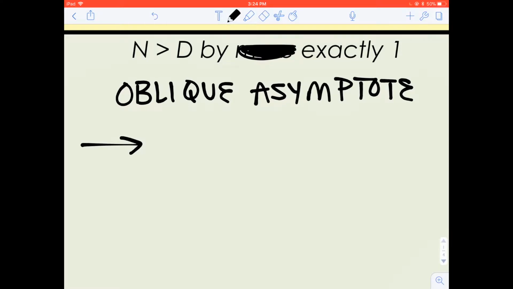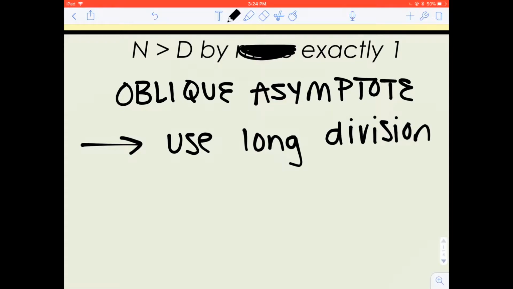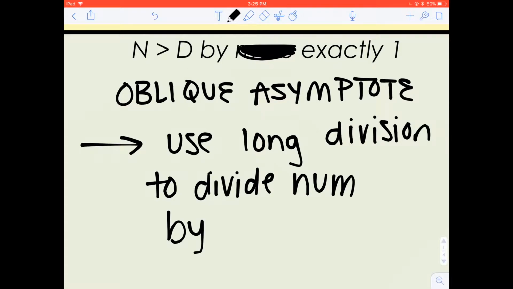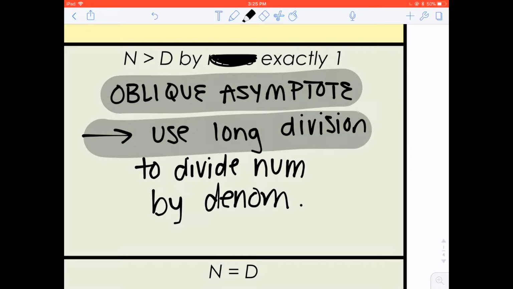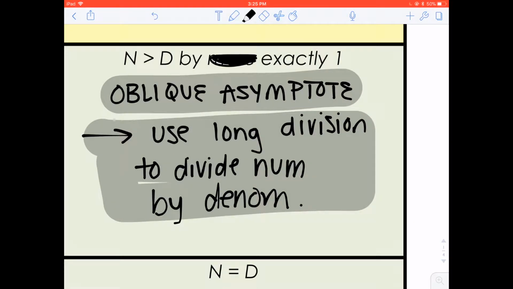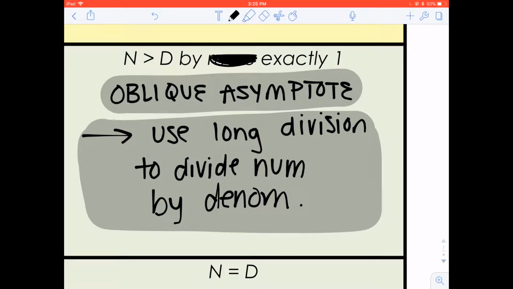And to find it, you'll have to use long division to divide the numerator by the denominator. This is going to give you some type of function, something like x minus 1 or x plus 2, because this oblique asymptote is going to be an actual line. So it's going to be something like, maybe, x minus 2.